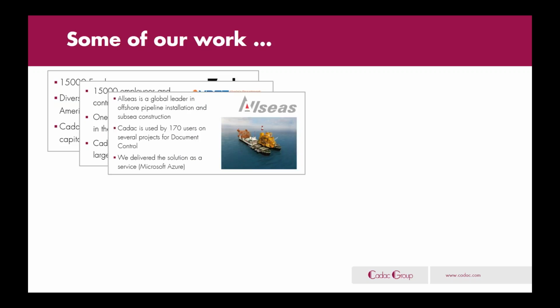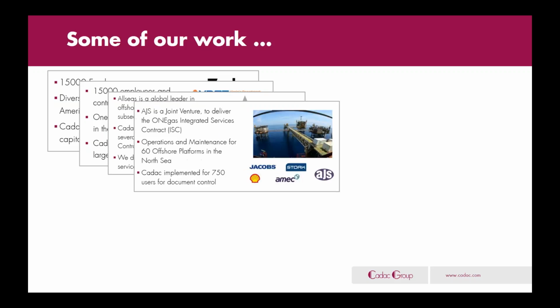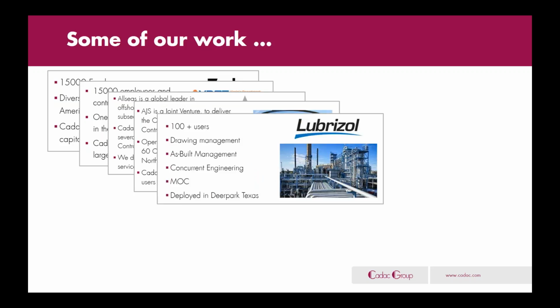Another one is an oil and gas company where the establishment of pipelines overseas is managed with the solution that we have based on SharePoint. Operations and maintenance work for a joint venture between Jacobs, Shell, and AMEC, some pretty well-known names, uses our solution to manage all of the offshore platforms in the North Sea.